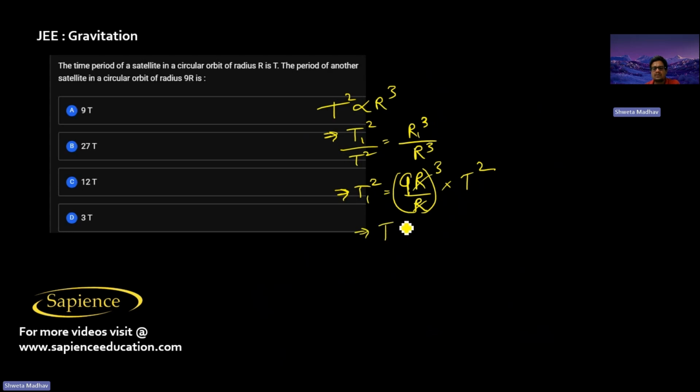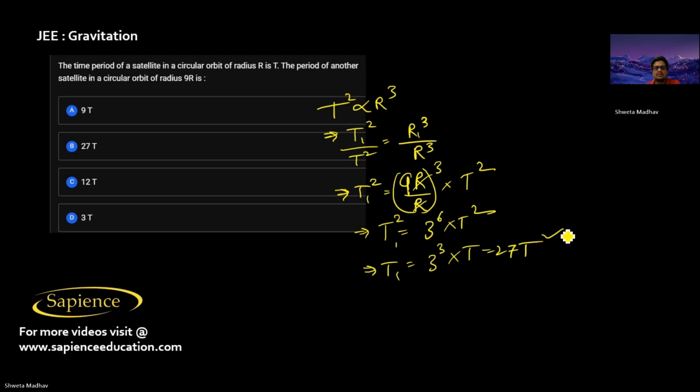So T1² is 9³, that means 3⁶ into T². So T1 will be equal to 3³ into T, which is 27T. It means the period of the other satellite having radius 9r will be 27T. So option D is the correct answer.